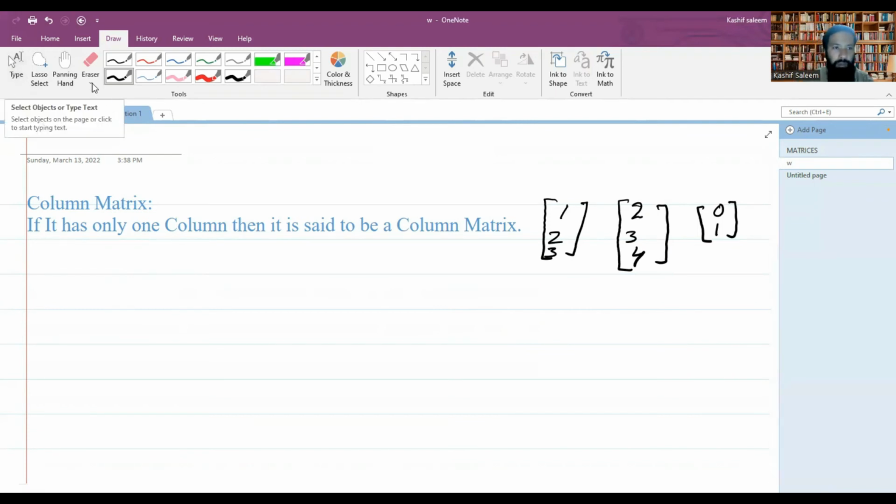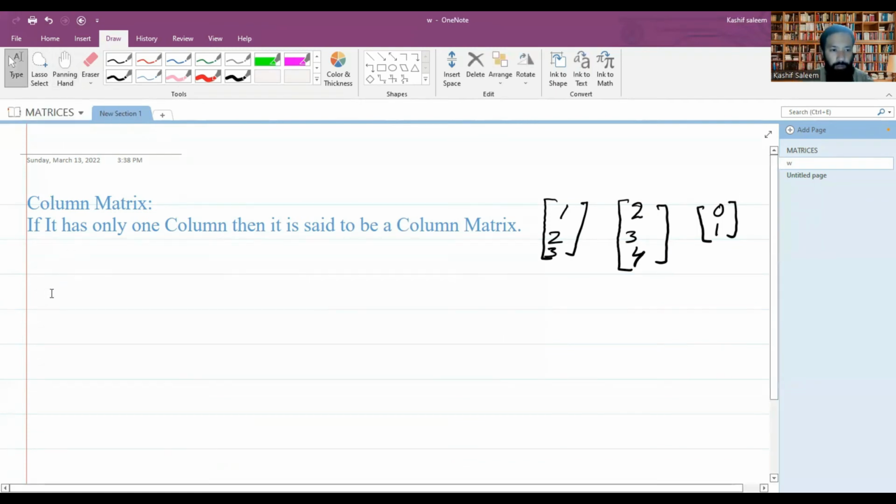So now define another matrix, a diagonal matrix.